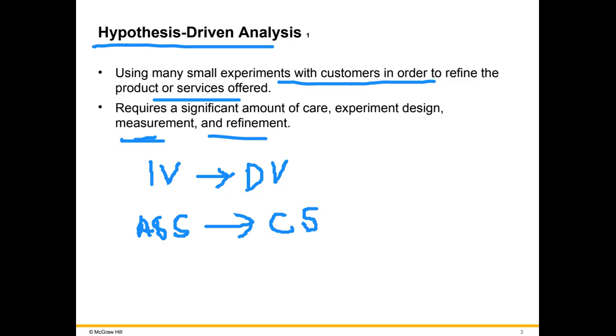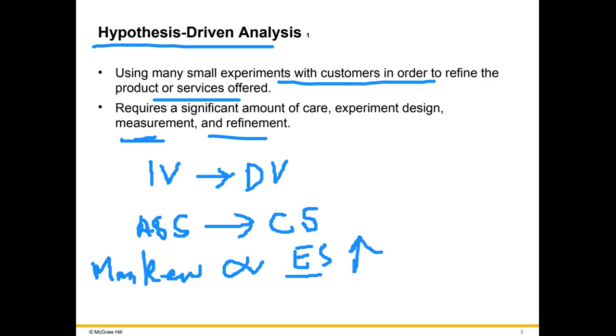From the employees' perspective, we can say if we give rewards, they have a strong positive correlation with employee satisfaction. Say we are talking about monetary rewards: how money is going to increase employee satisfaction. So this is a hypothesis.